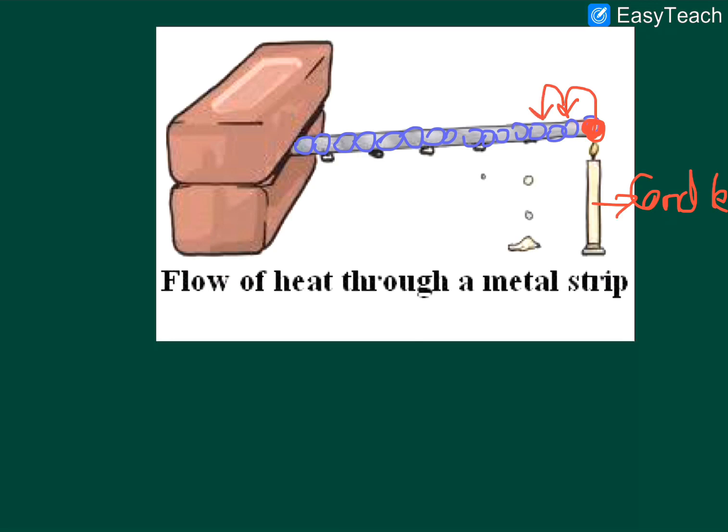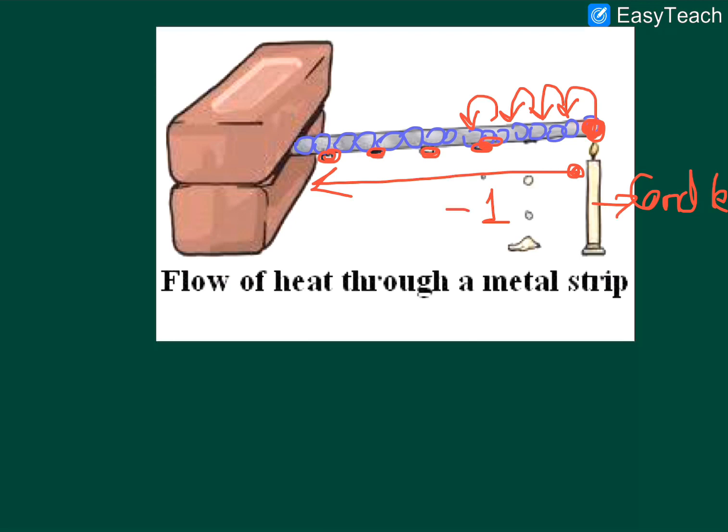Similarly, as we have seen in the class, the students were passing it from one to the other. In the same manner, the molecules will also pass the heat energy from one to the next. Slowly, the heat energy will be passed from this hot end towards the cooler end of the rod. The wax placed here will melt one by one. First, the one just near the heat source will melt.